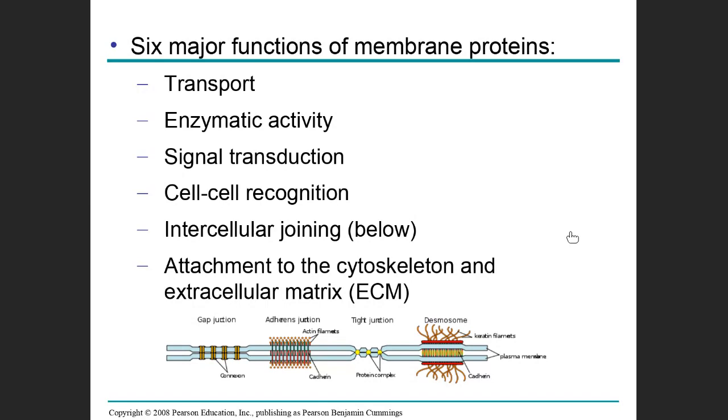And sixth, attachment to the cytoskeleton and the extracellular matrix. We talked about inside of a cell, a very complex network of fibers. Just on top of the cell is also a network of fibers called the extracellular matrix. Now back to the intercellular joining. Inter means what? What does inter mean?